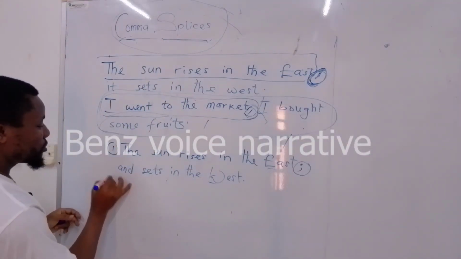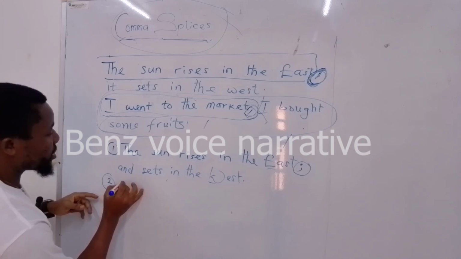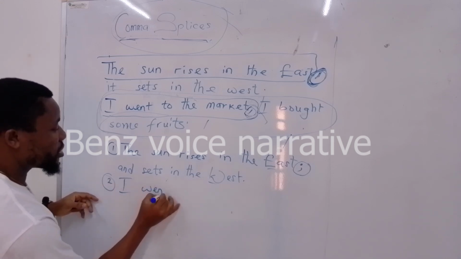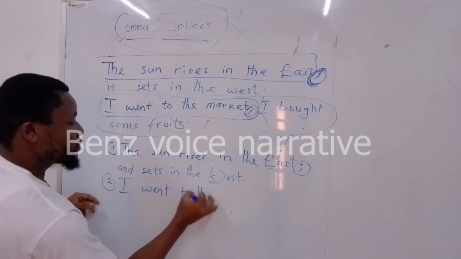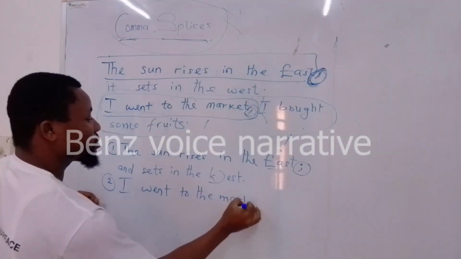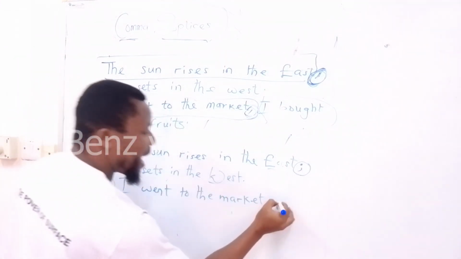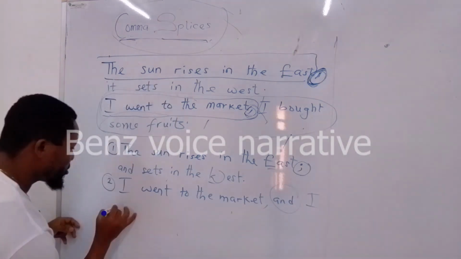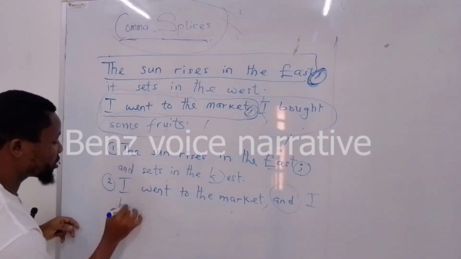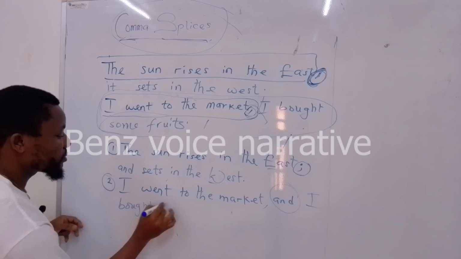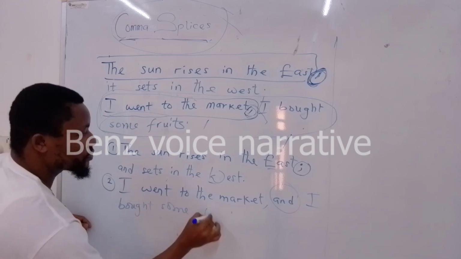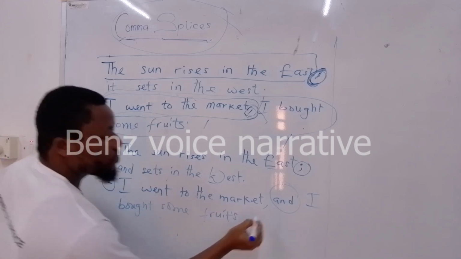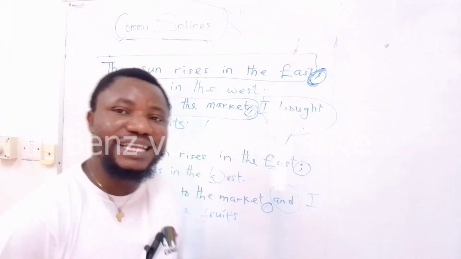Number two, I went to the market, comma, and, which is a conjunction, I bought some fruits. Now, this comma is another concept.